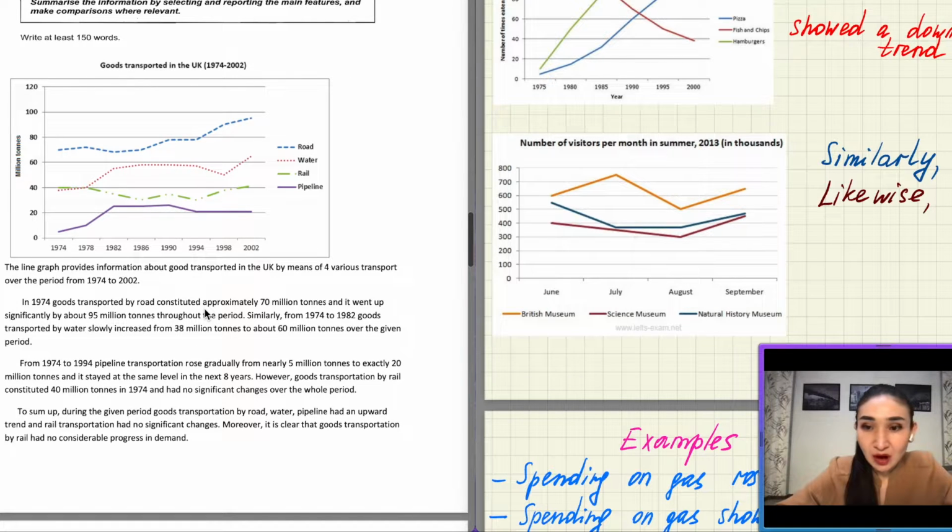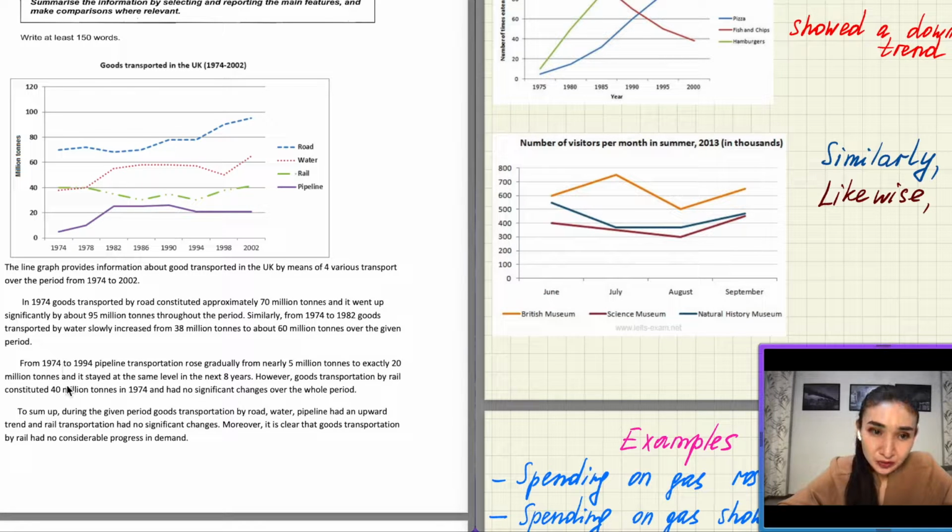So this is our body paragraph 1, where we decided to compare road and water, and they had approximately the same progress. They increased throughout the whole period. So we just said that.